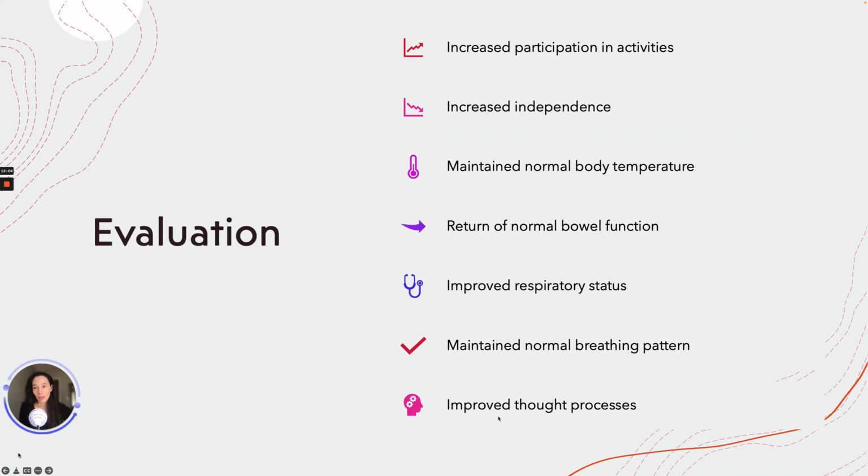So our evaluation is going to depend on our patient outcomes, but some examples include increased participation in activities, increased independence, maintained normal body temperature, return of normal bowel function, improved respiratory status, maintained normal breathing pattern, improved thought processes.